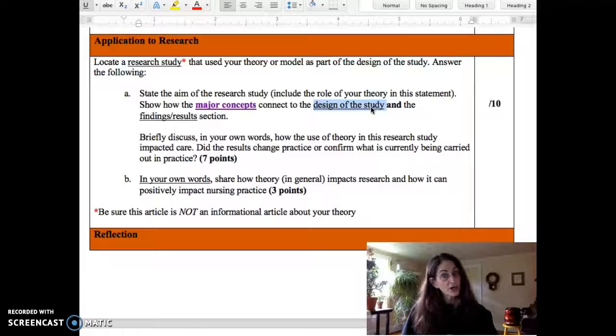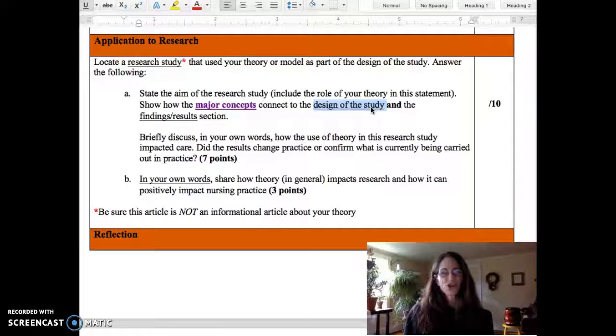So for self-care, you might have a study that measures how well a person bathes oneself. Okay? So there might be, say, a total score for this whole group of people of 0 to 5. Everybody bathes themselves about a 3. Okay? So self-care is measured in bathing. So that's how a major concept for this study is using the theory to design the study.